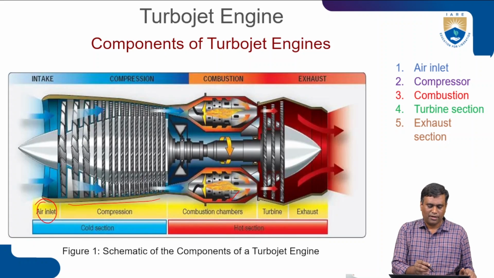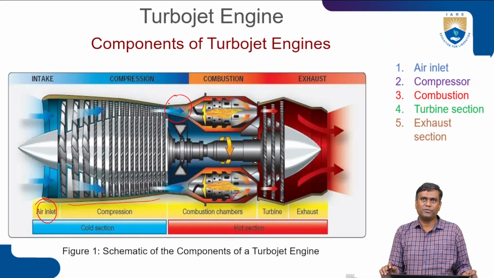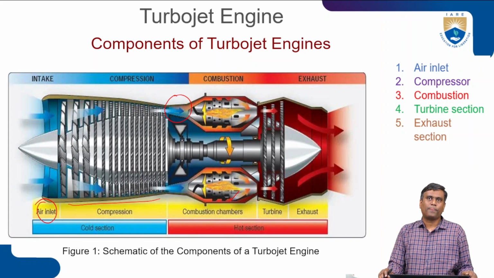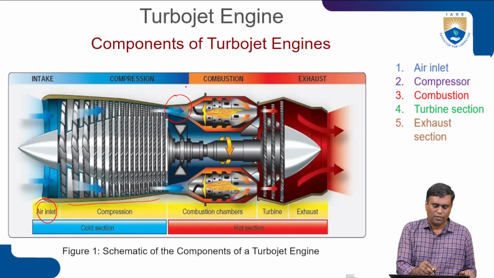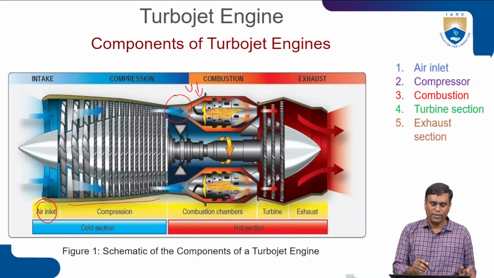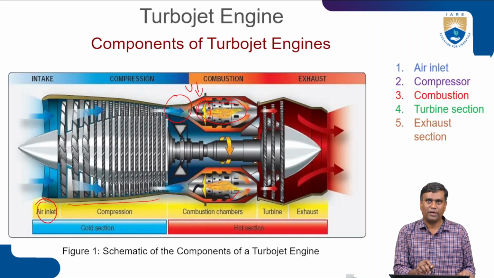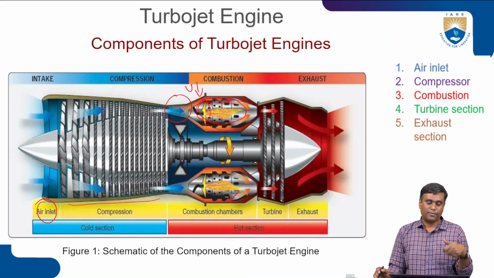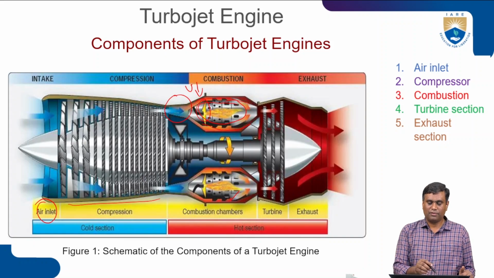Then we have seen that a diffuser is placed there, through which the flow decelerates and its velocity is reduced but the pressure increases, as per Bernoulli's principle. In the combustor, fuel will be injected and the combustion process will take place. As I said, only a small part of the air will be used for combustion, and the remaining acts as shielding so that the actual temperature does not hit the combustor walls.